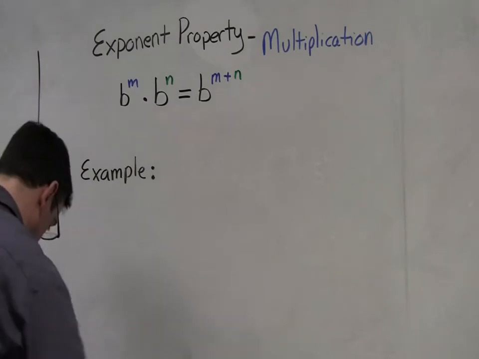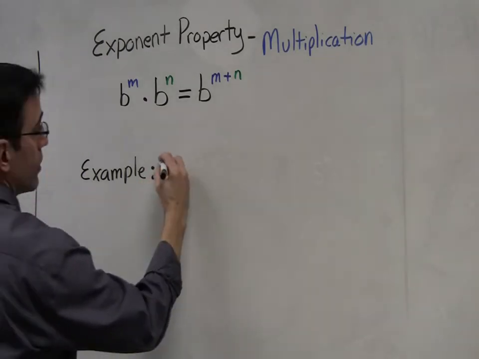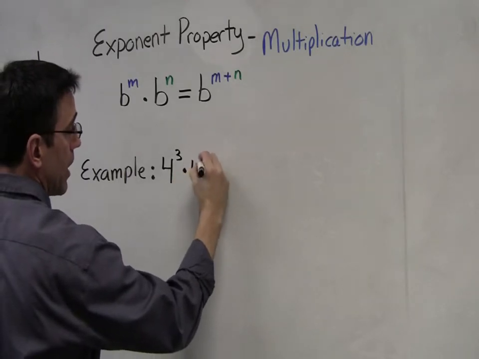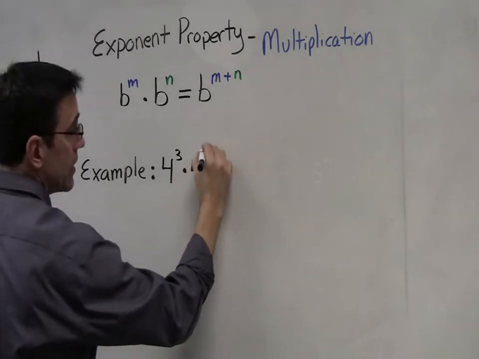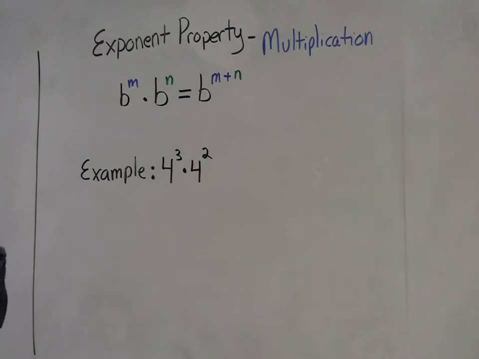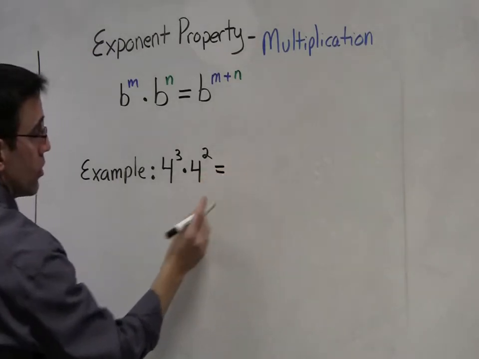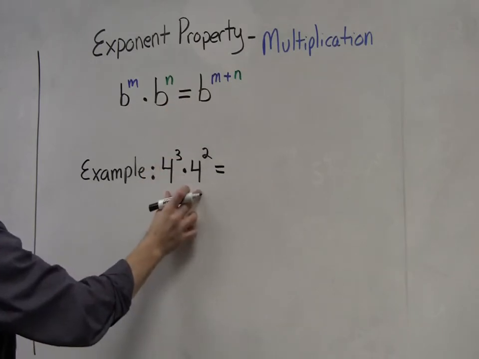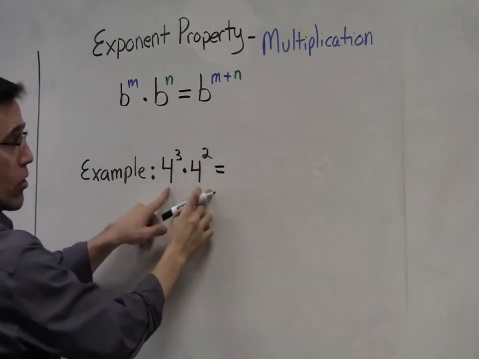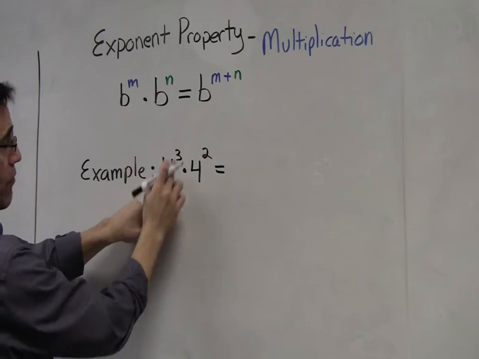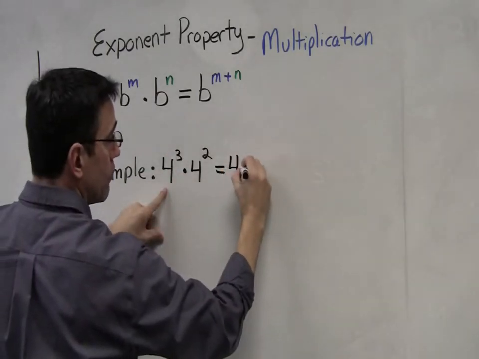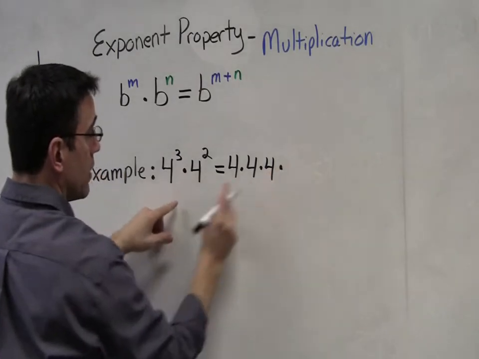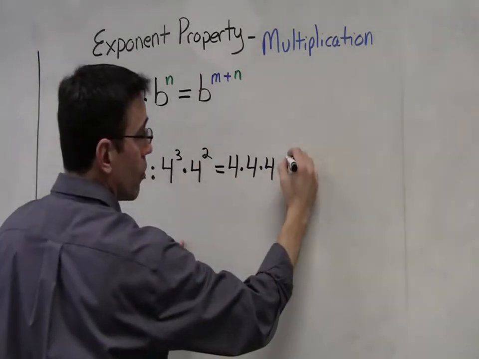So let me give you an example of this. If we take 4 to the third power and multiply it by 4 to the second power, 4 squared, I notice right away that I have the same base, so I can use this cool little property. First I'll show you what's called expanded form. 4 to the third is 4 times 4 times 4, and 4 squared is 2 more 4s.